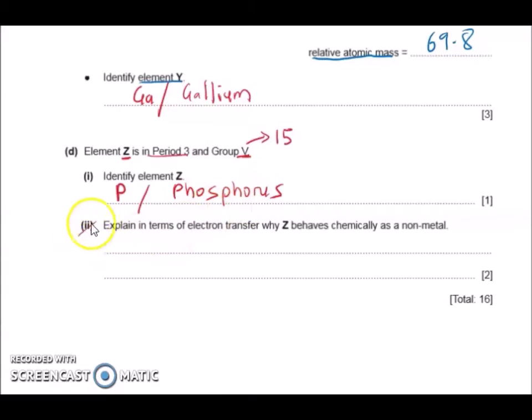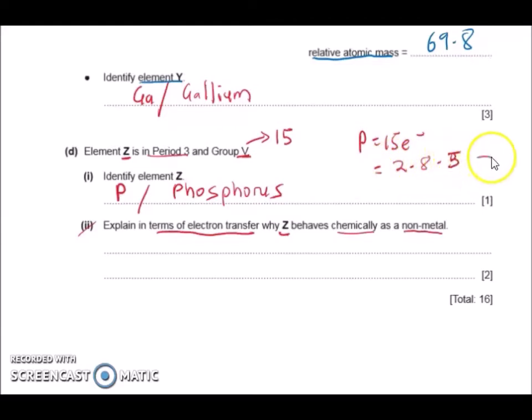Okay, now the next one. Explain in terms of electron transfer why Z behaves chemically as a non-metal. So when we break this down, okay, they have 15. Their electron number is, okay, phosphorus electron number is 15. Then we make it into an electronic structure, you get 2.8.5.